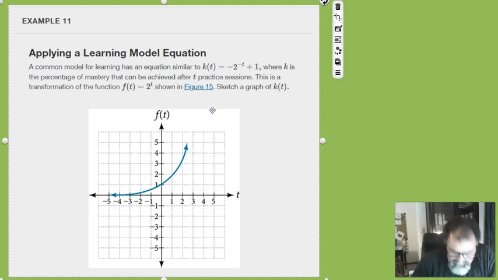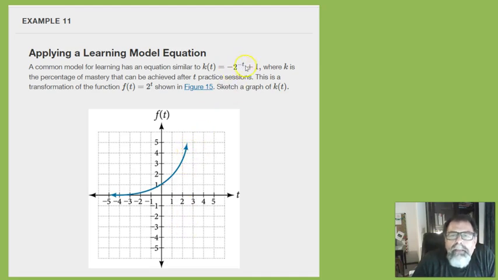So this one is a challenging one. You have three transformations. You have a reflection across the y-axis. That's a horizontal reflection. And then a vertical one.